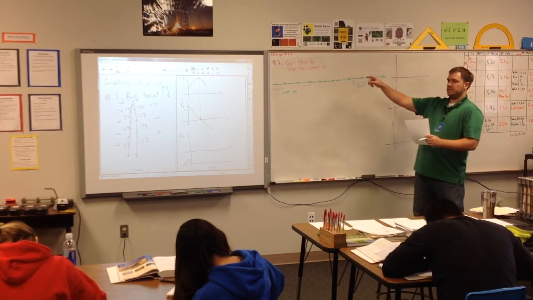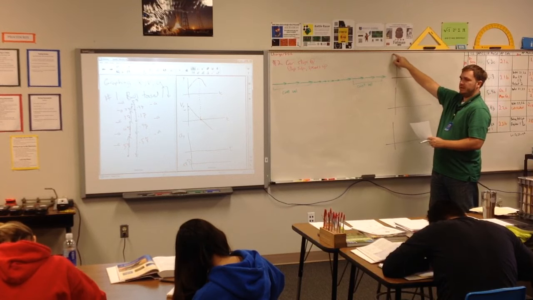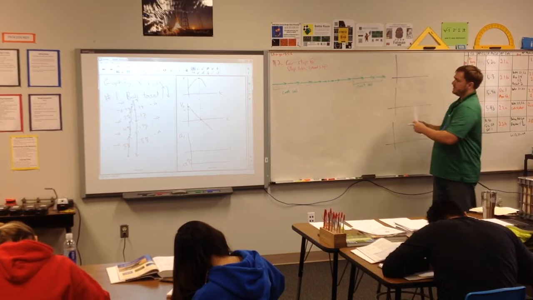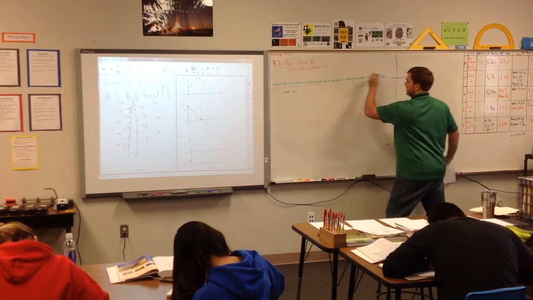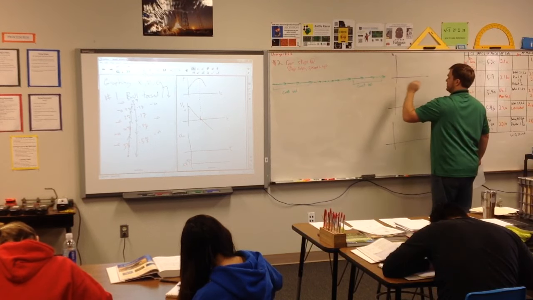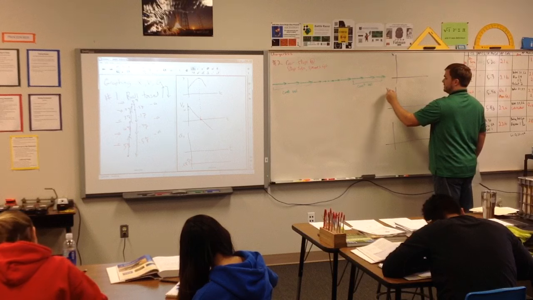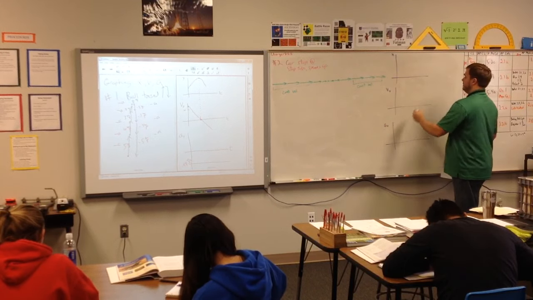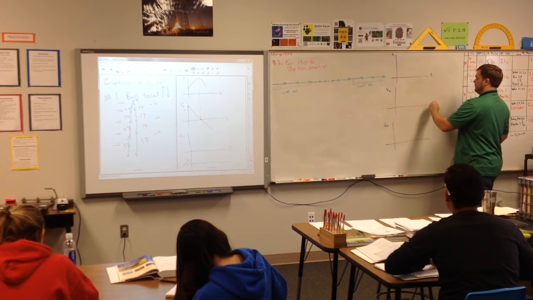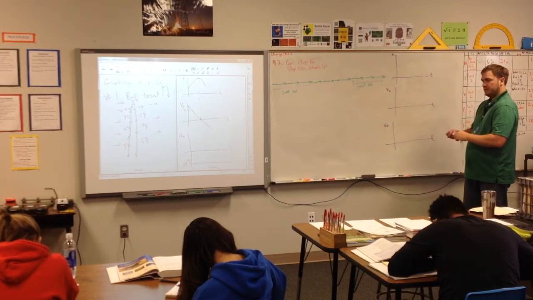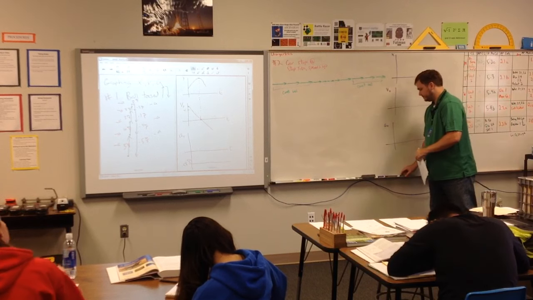Now we're dealing with something horizontal, so should I use X or Y for this vertical? Yeah, we're going to use X because this is the position, and it's moving just horizontally. So X, velocity in the X direction, and acceleration in the X direction. Time, time, time. Always time on the horizontal axis.